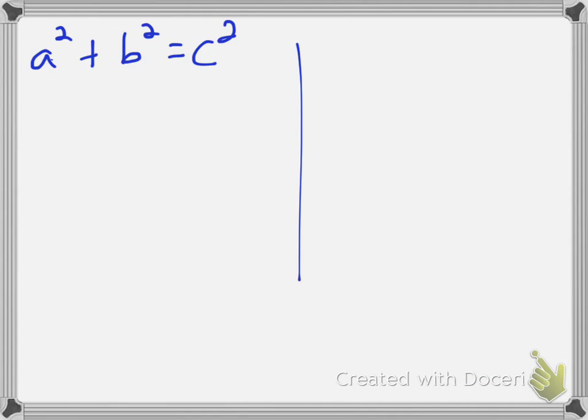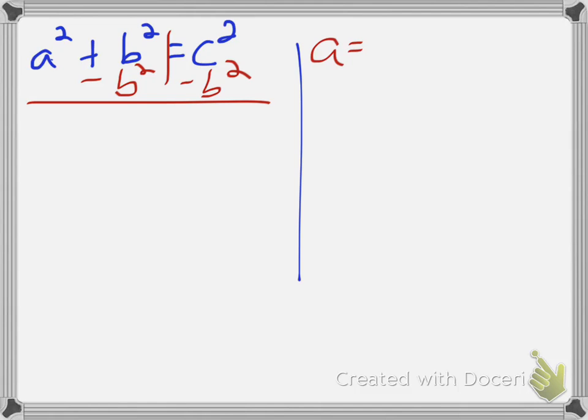Alright, so you saw how we had to solve for certain letters. Well, let me go ahead and do that for you. This is how we solve for the letters. Let's solve for A. What is A? Well, how we did A is we subtracted the B squared from both sides. And what that did for us is we got A squared equals C squared minus B squared.